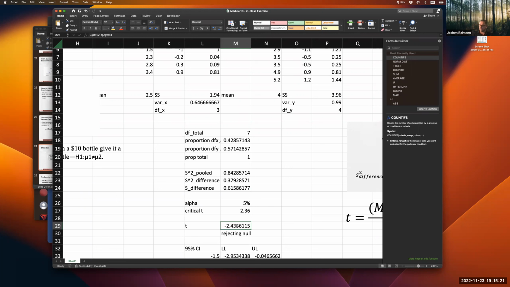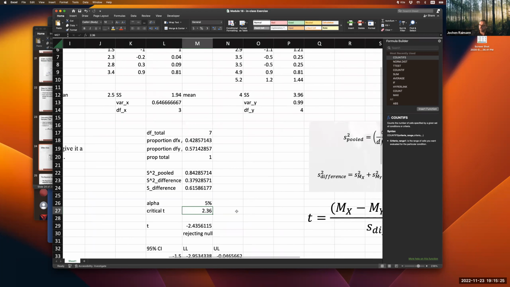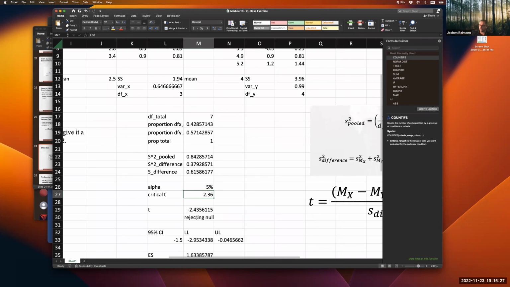With a t that is greater than our critical t, we get to the conclusion that we are meant to reject the null hypothesis, because our difference is outside of a 95% confidence interval surrounding 0.